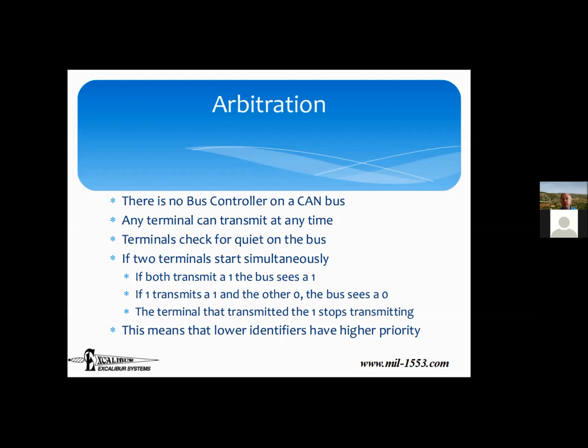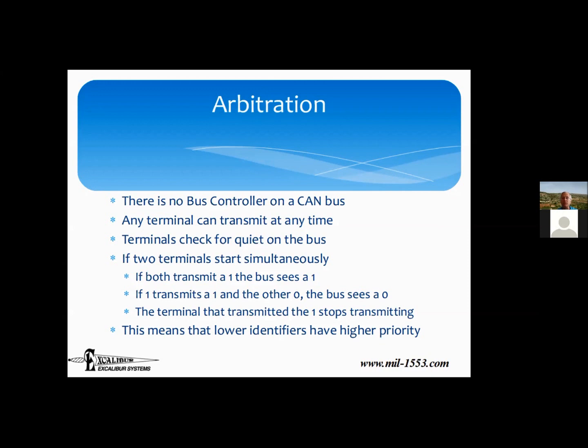Okay, effectively what that means is that an identifier that has more zeros is always going to go first. The identifier is the first part of a message to be transmitted. As soon as one of them gets a 1 and the other one is a 0, the one that has the 1 drops out.